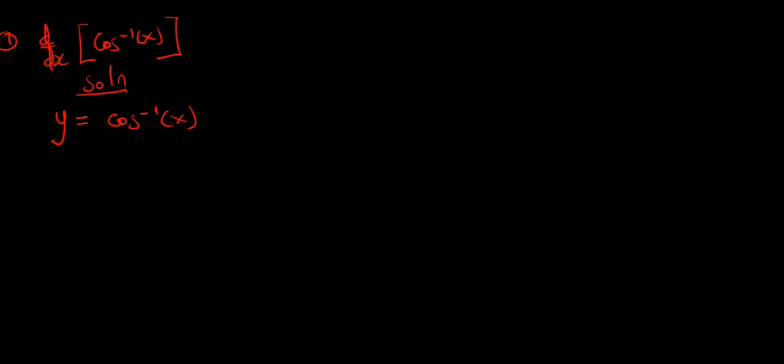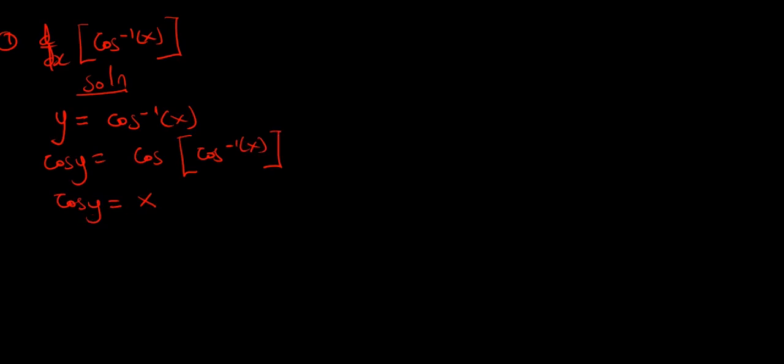So let's take the cosine of both sides of the equation. We get cos y equals cosine of cos inverse of x, so cos y equals x, because cosine of cos inverse of x gives us 1, so it will be left with x.